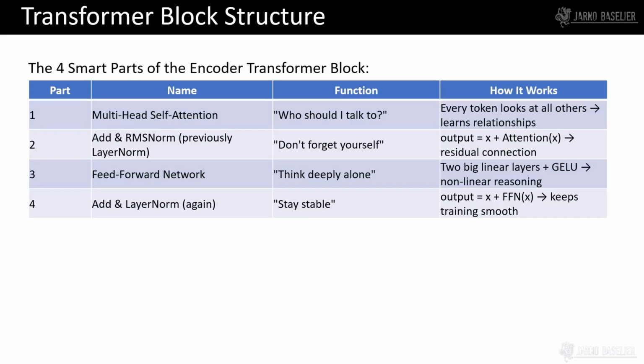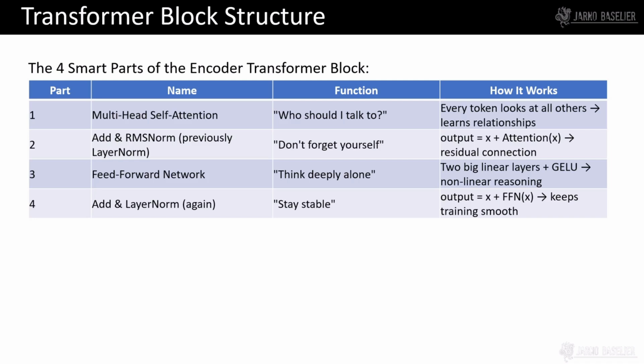So let's take a closer look at the four smart parts of the encoder transformer block. We have the multi-head self-attention, the add and RMS norm, which was previously called layer norm, a function. We have a feed forward network and again the add and layer norm function. So first we have the multi-head self-attention, which is basically who should I talk to, and here each token decides which other tokens are relevant to it.